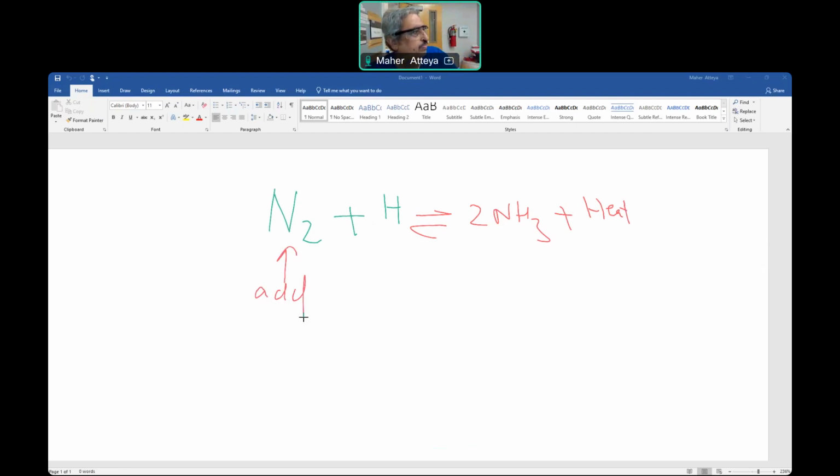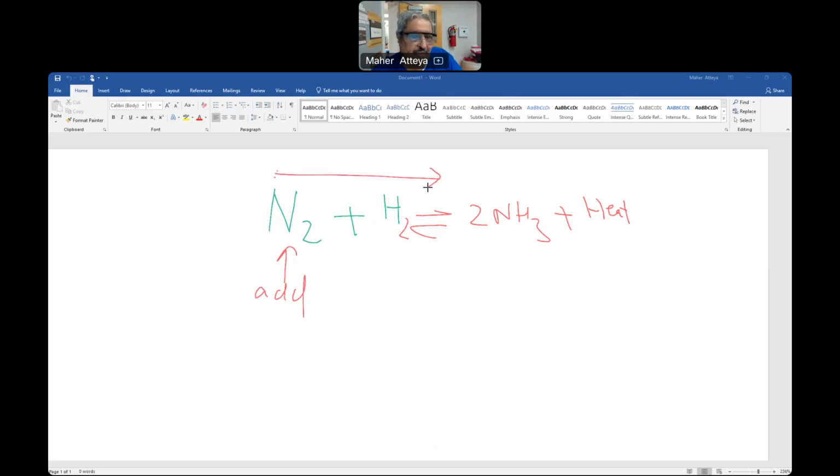Externally, you add nitrogen. Where will the shift be, left or right? Nitrogen will add itself to where nitrogen is to begin with, at the left. So the left side will be more stressed. So the shift will be which way?